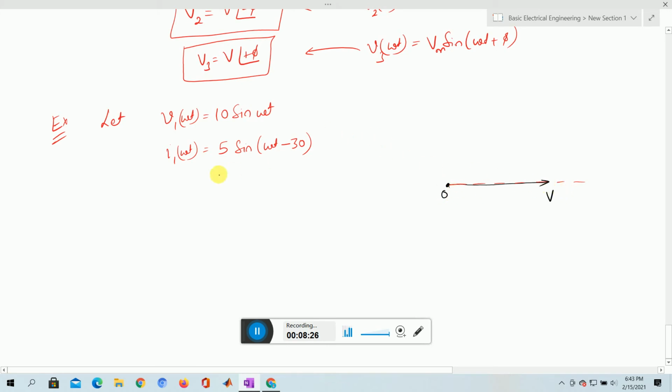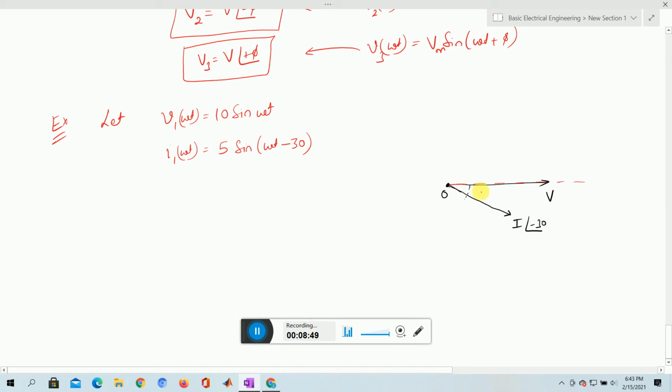Now the current is written with some value 5, Im value, and sine of omega t minus 30. So minus 30 will be in the negative direction, and here you have the current phasor, which is given by capital I, with an angle of minus 30.